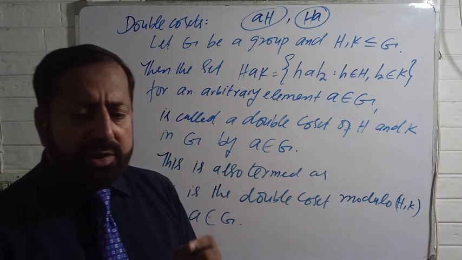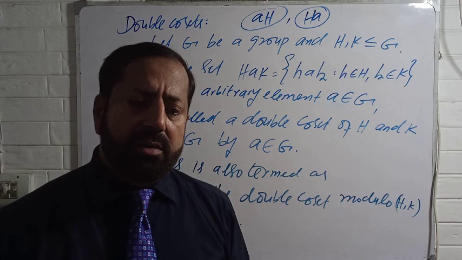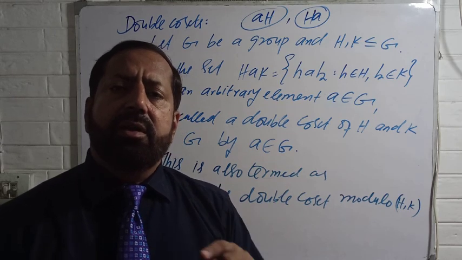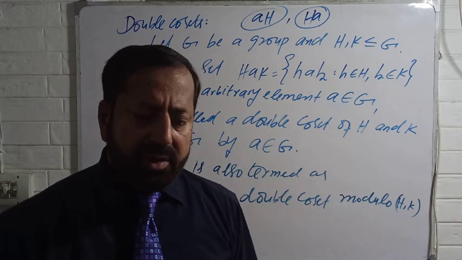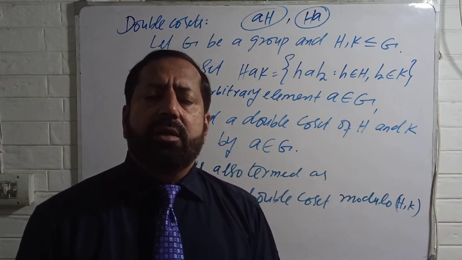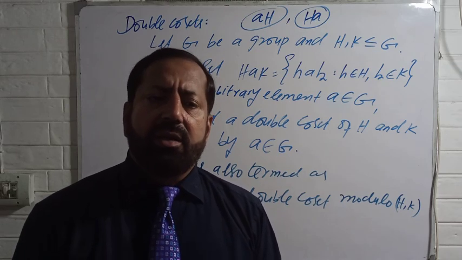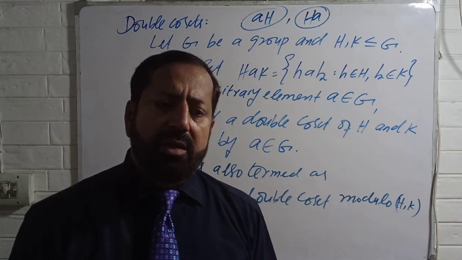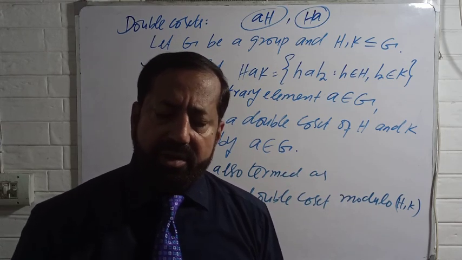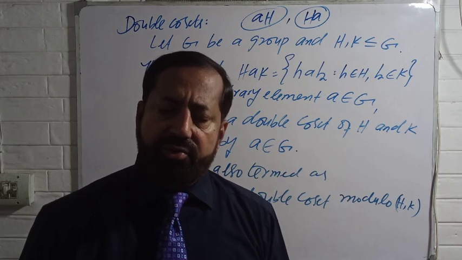So now the question is whether all the things that are true in the simple idea of cosets still hold. Like you know that the set of all cosets always defines a partition of G, meaning the collection of all left or right cosets is a partition of G. Similarly, any two left or right cosets are either identical or disjoint.